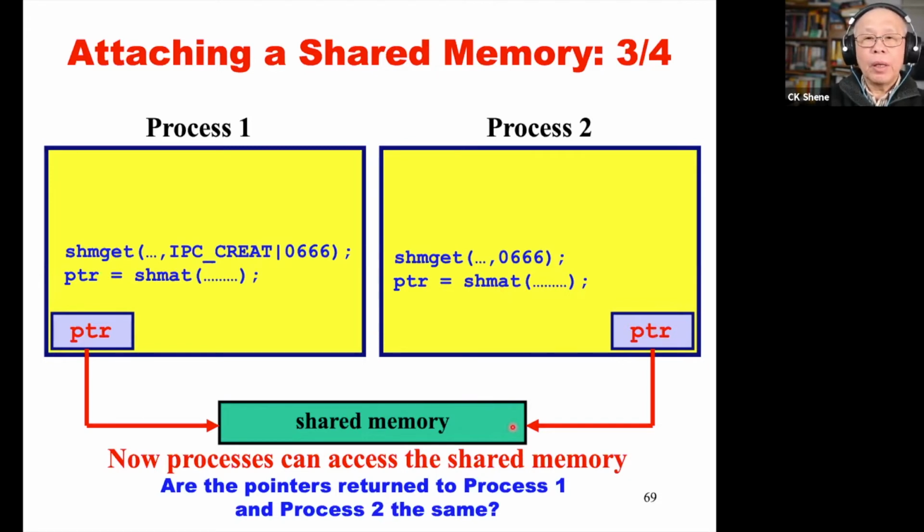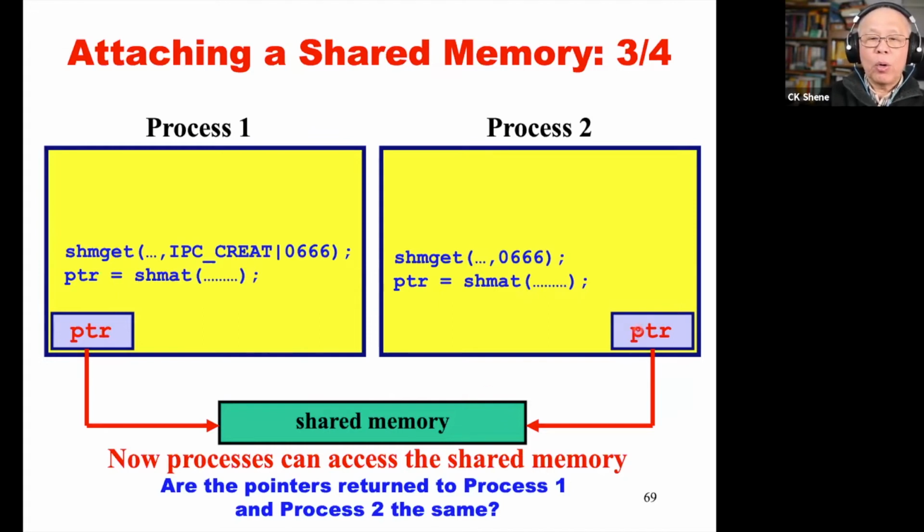But I have an interesting question. After process 1 successfully attaches the allocated shared memory into its address space, process 1 receives a pointer. And process 2, when it successfully attaches the shared memory into its address space, would also receive a pointer to the shared memory.